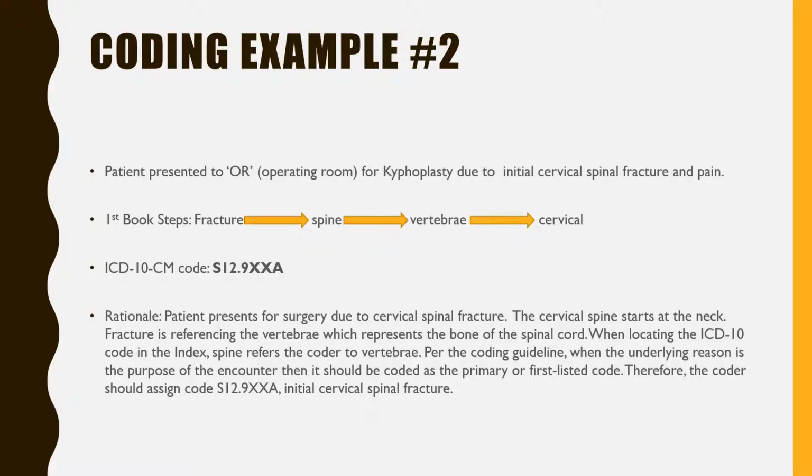The cervical spine starts at the neck. The fracture is referencing the vertebrae, which represents the bone of the spine. When locating the ICD-10 code in the index, the spine refers the coder to the vertebrae. And per the coding guideline, when the underlying reason is the purpose of the encounter, then it should be coded as the primary or first listed code. Therefore, the coder should only assign ICD-10 code S12.9XXA for the initial cervical spinal fracture.